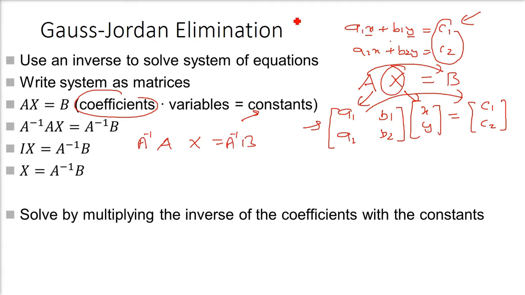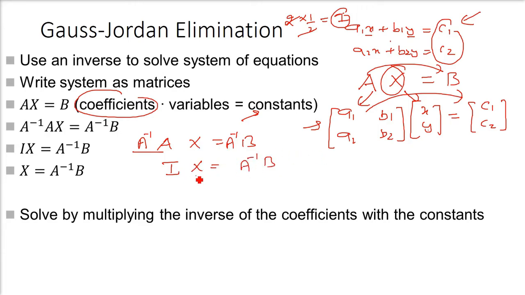We know that 2 multiplied by 1 by 2 gives you 1. Similarly, with that analogy, A inverse A is not going to be 1 because these are matrices. It is going to be an identity matrix. So this is the identity matrix, and you have X equals A inverse B.